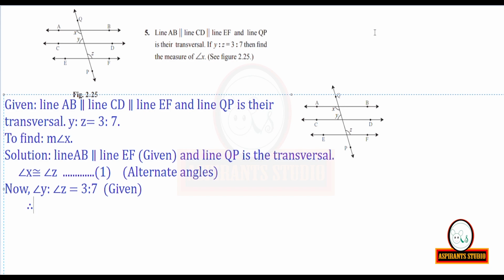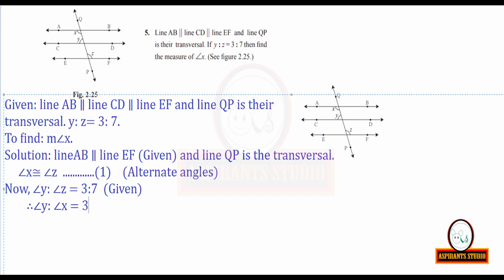You will write the reason from equation 1. So you will write measure of angle Y is to measure of angle X because we are replacing Z by X because of equation 1.